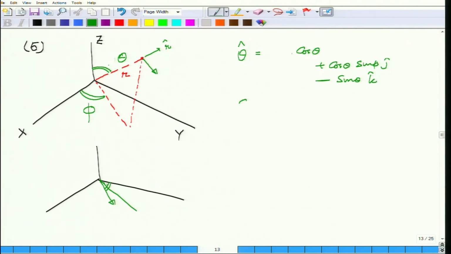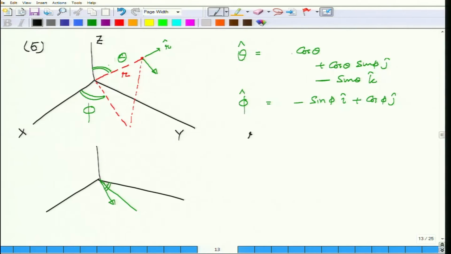Phi unit vector anyway is in the direction, in the plane, just like in the planar polar coordinates, and it's going to be given as minus sine of phi i plus cosine of phi j.